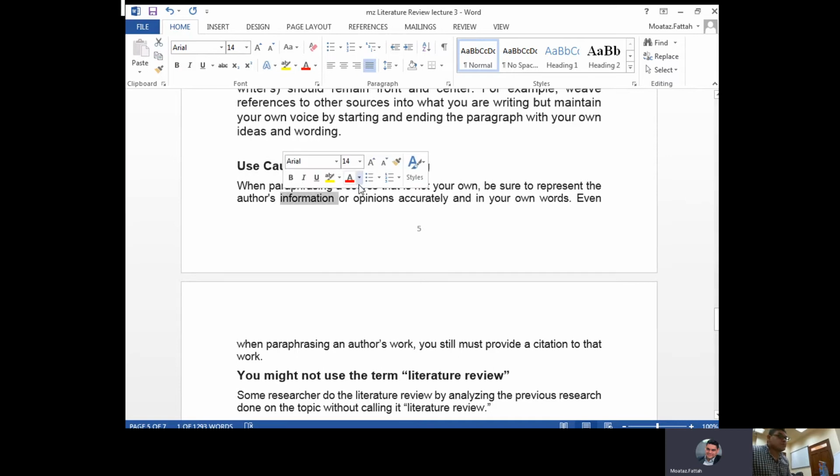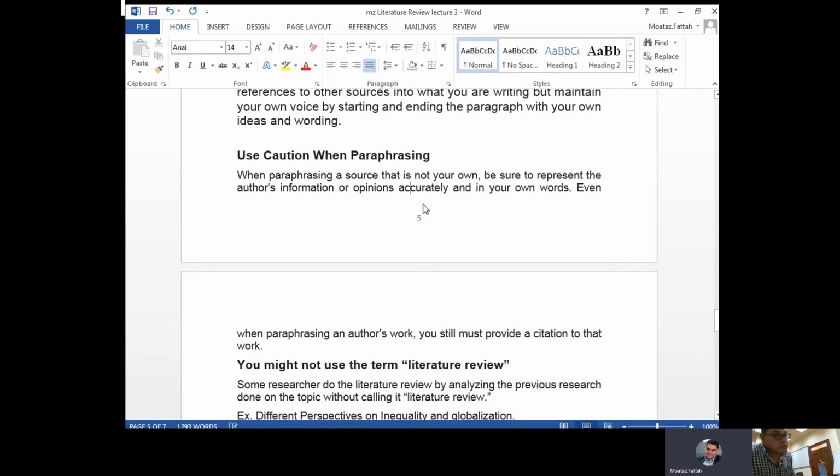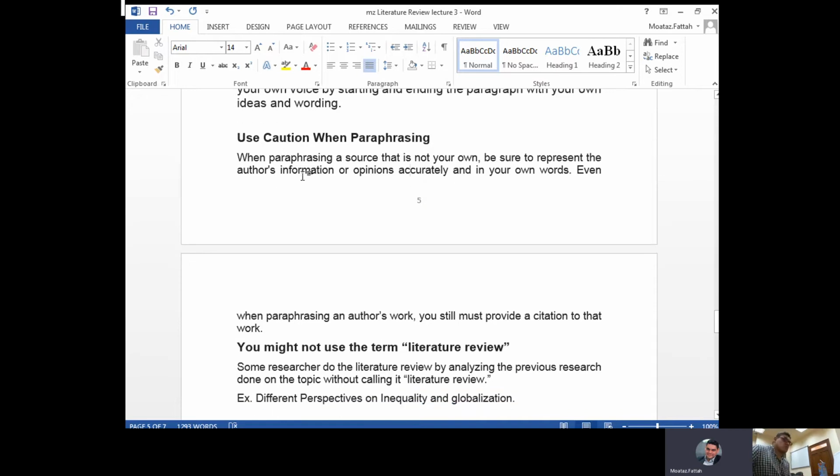So we tell people not to quote a lot. You need to paraphrase, to recap, to re-explain. When you do that, do not do it in a way that would distort the original meaning meant by the other researcher.